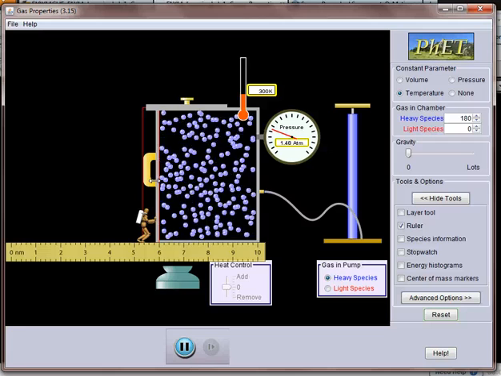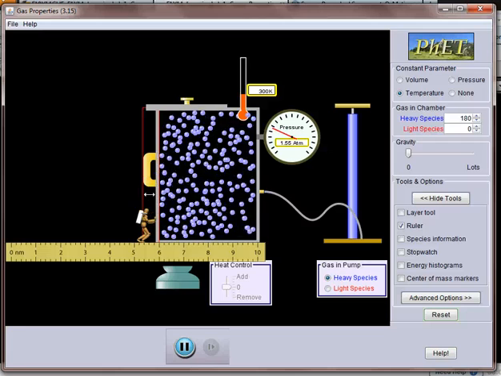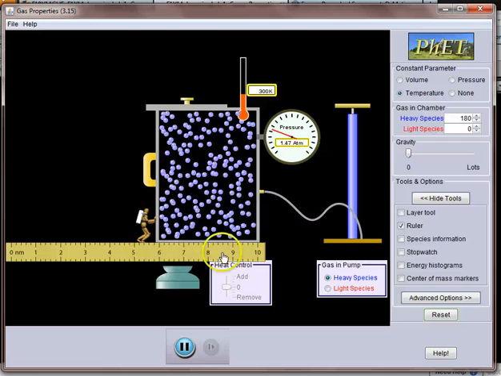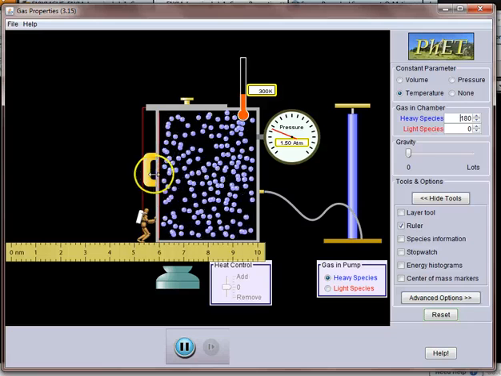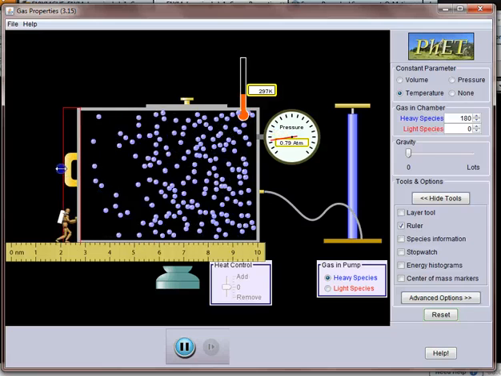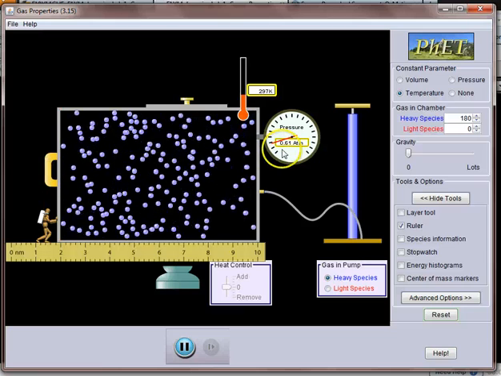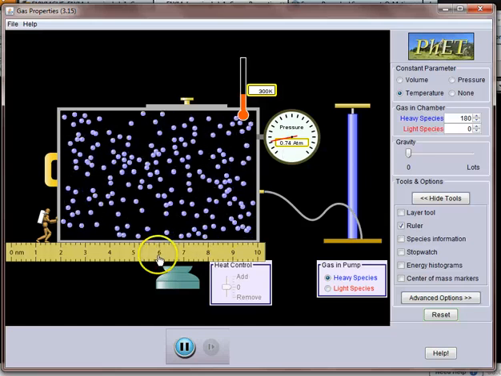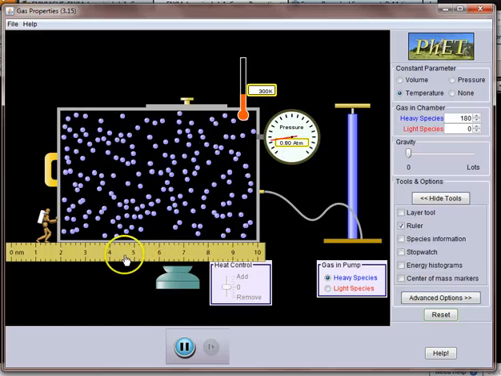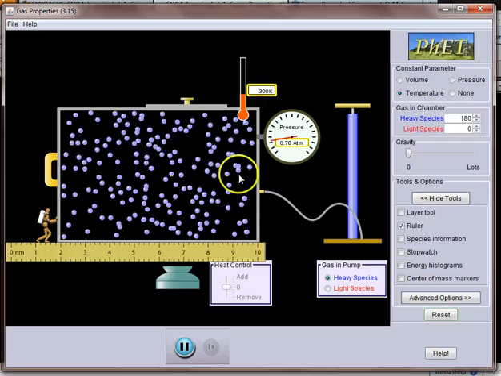We move the man towards the left, so we just have to double the volume. From 6 we will move it to 2, and here the pressure is decreasing. Have we increased too much? No, correct.